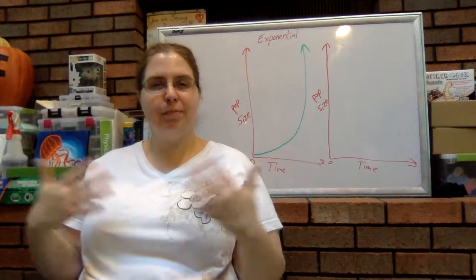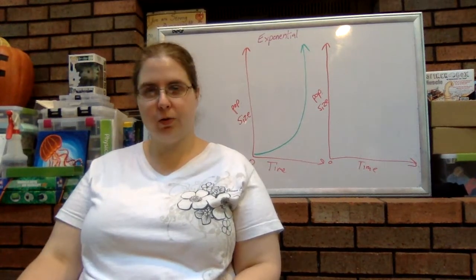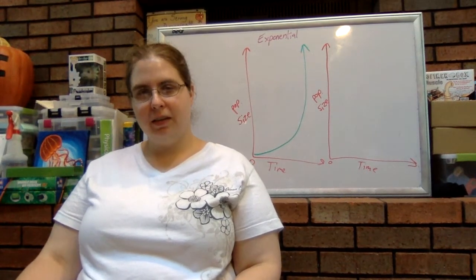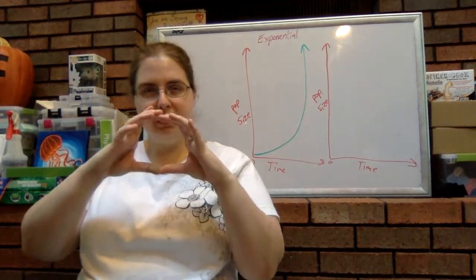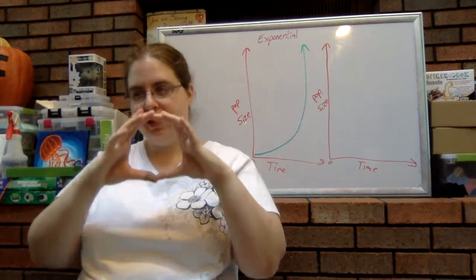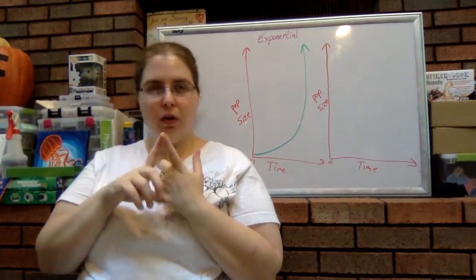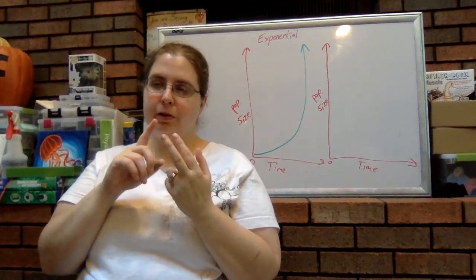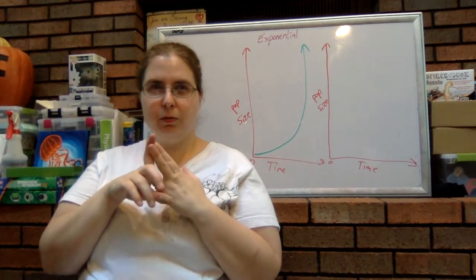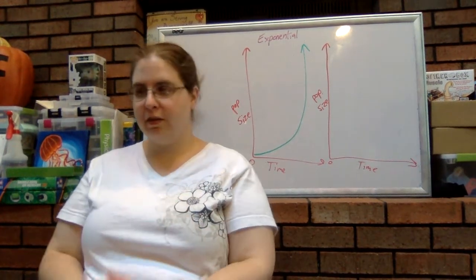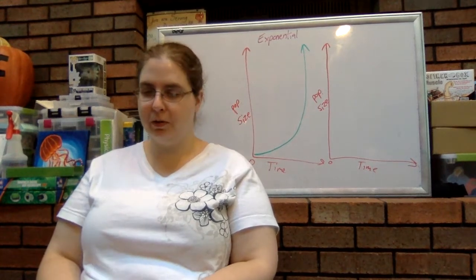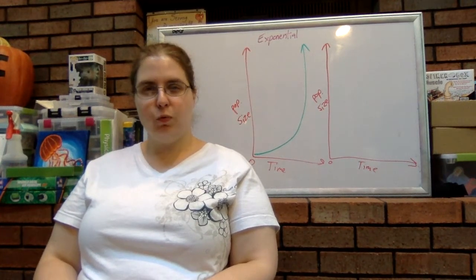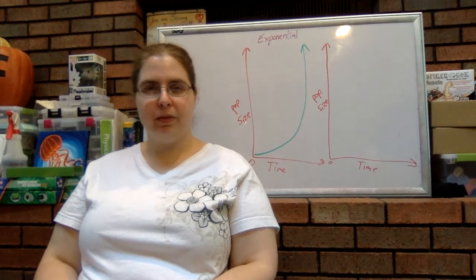So it's going to keep growing at an exponential rate. However, at some point, there's going to be so many bacteria cells in that petri dish that there's no longer enough room, and there are no longer enough resources and nutrients for all the cells. So at that point, what you would notice is what we call a population crash.